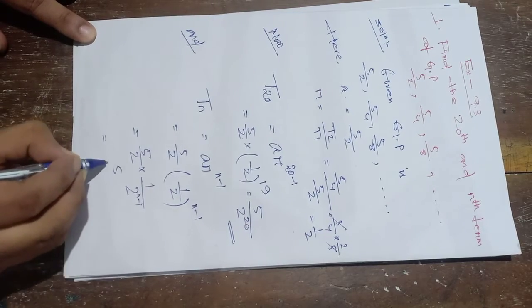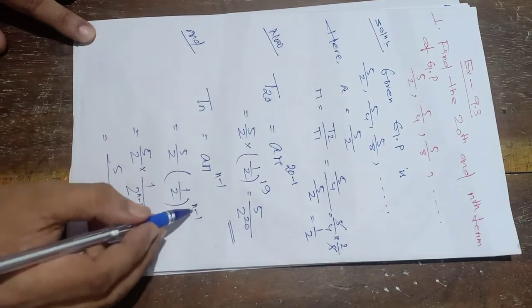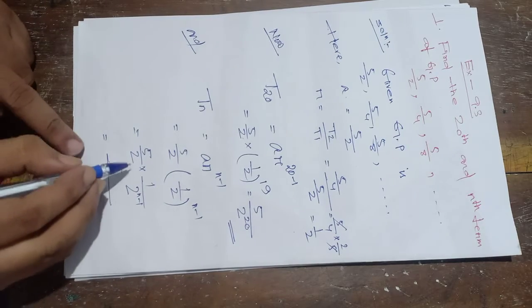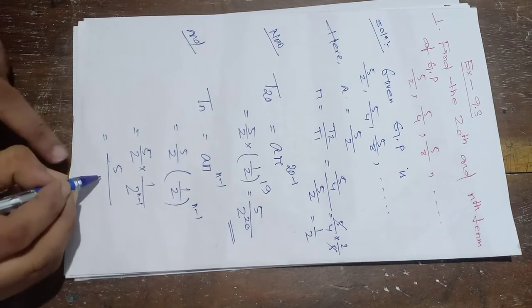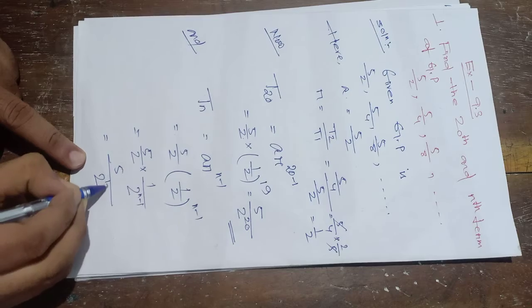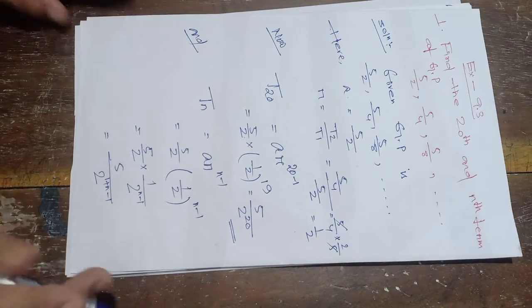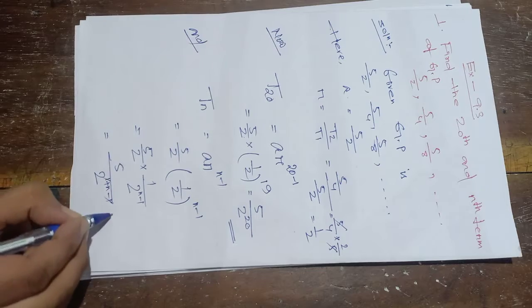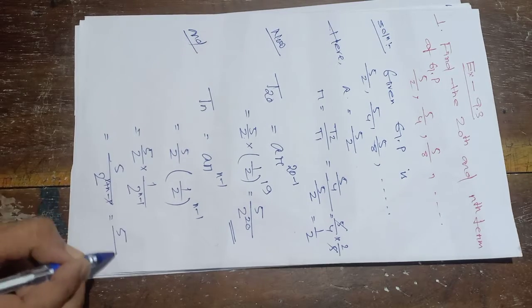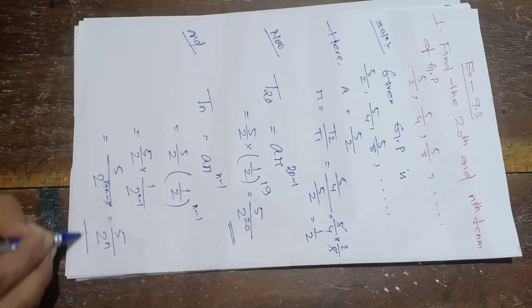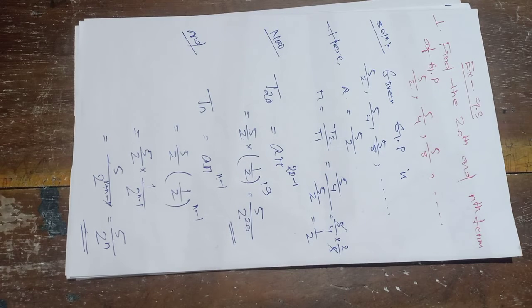Since 1 to the power n minus 1 is 1, it is 2 to the power 1 plus n minus 1. So the 1 cancels and it will be 5 by 2 to the power n. This is the answer of the second question, the nth term of this GP.